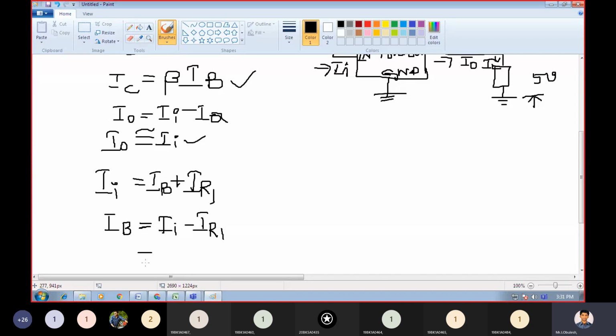Then II means I0, so I0 minus IR1, where IR1 means VEB, which is in the on state only, divided by R1. So here we have the IB value, I0 value, and IC value.